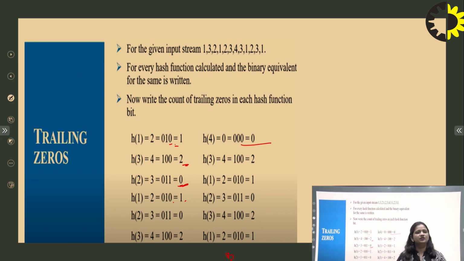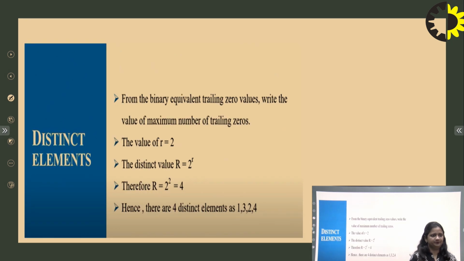There is no 1 in this string, so the number of trailing 0 is 0, because this string goes to infinity and we cannot decide where we stop. So, the value of this string is 0. So, by this procedure, we calculate the number of trailing 0 for each of the binary numbers for each hash value that we calculated in the previous step.